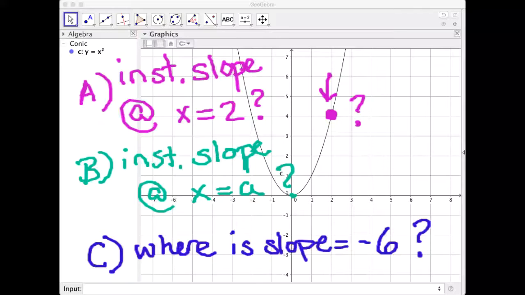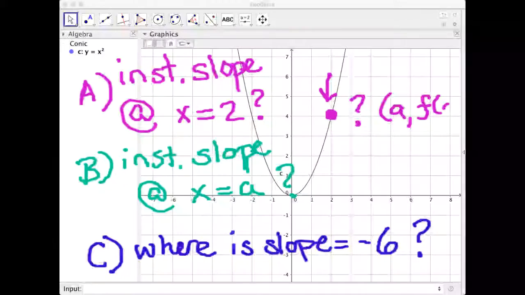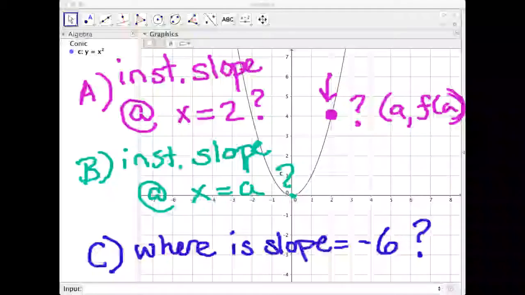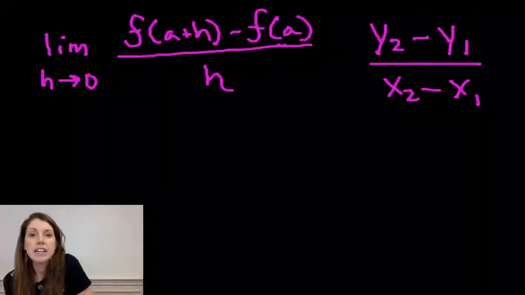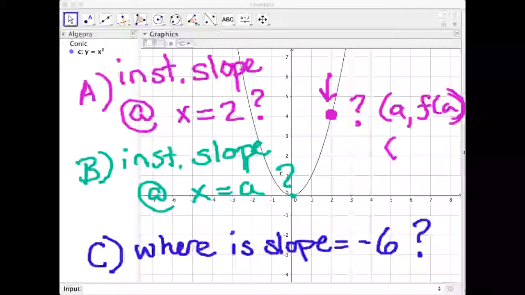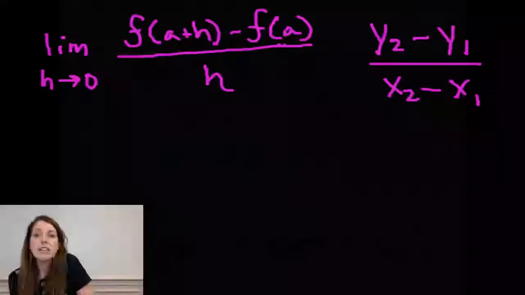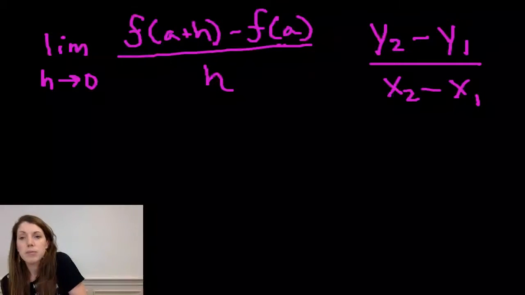So we know that our a, f of a, that's how we label it in our formula, is actually the point 2, 4 on the graph. So let's see if we can fill that information in.